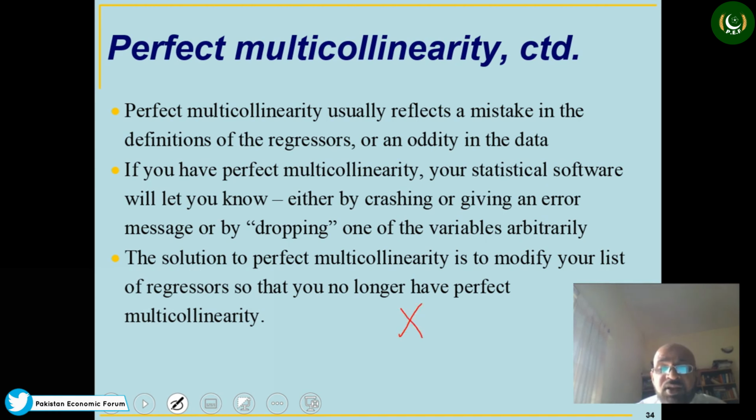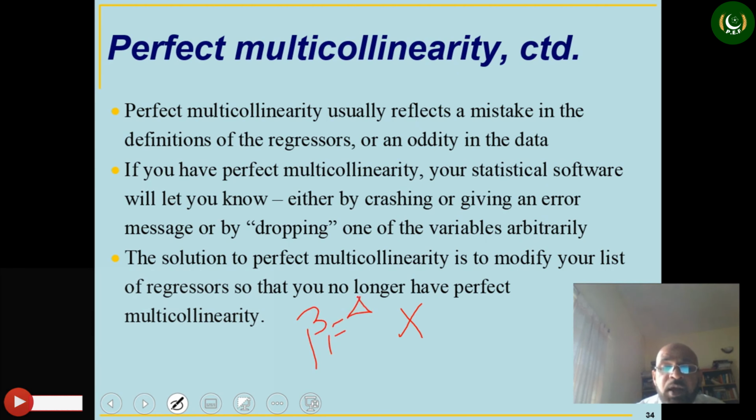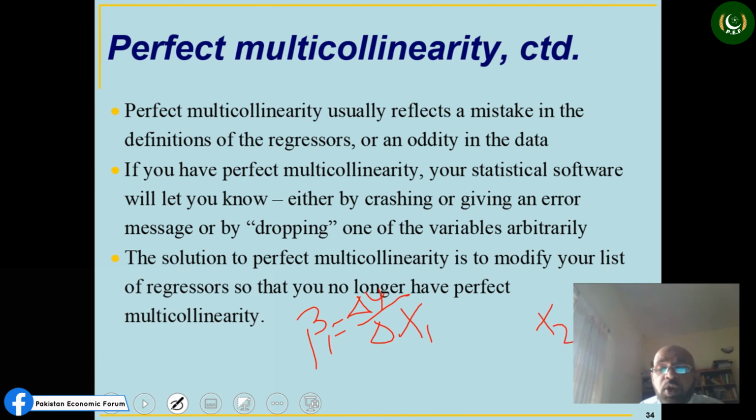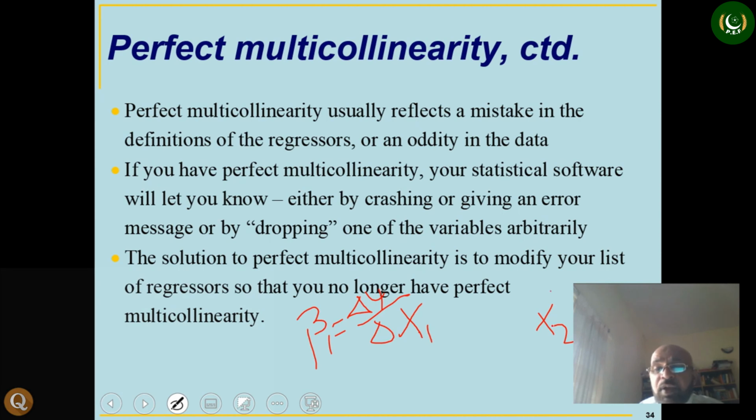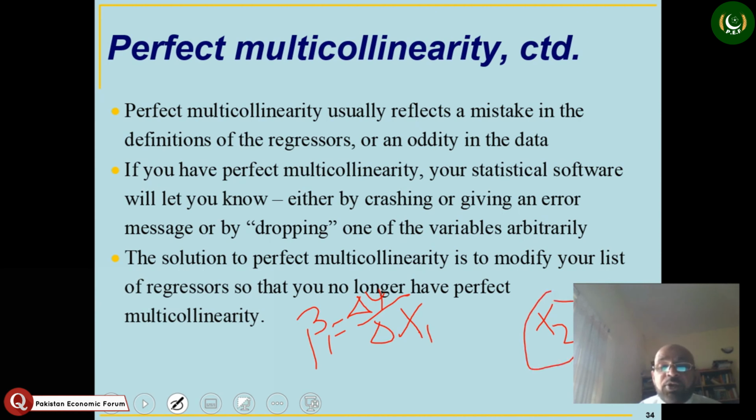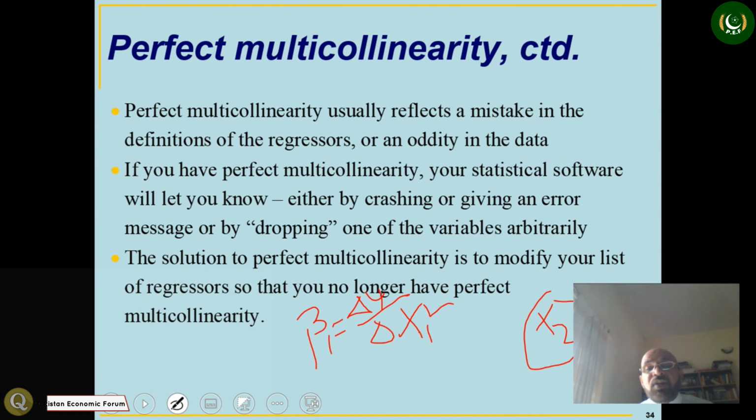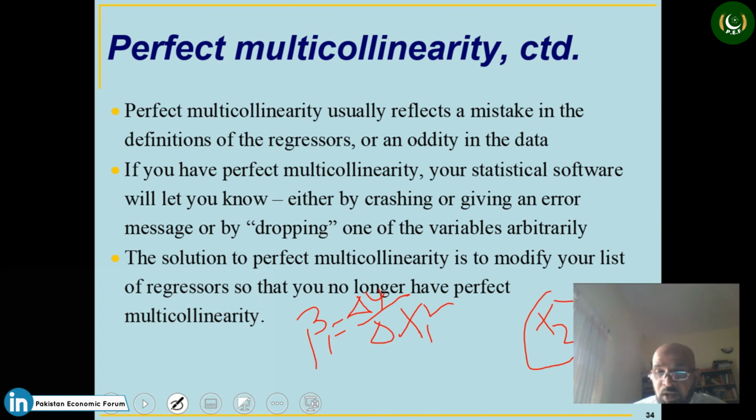We have said that beta 1 is effect of change in y due to change in x1 holding the effect of x2 constant. No, you see, if x1 and x2 are highly correlated, then you cannot hold this constant and you cannot measure the impact of this.